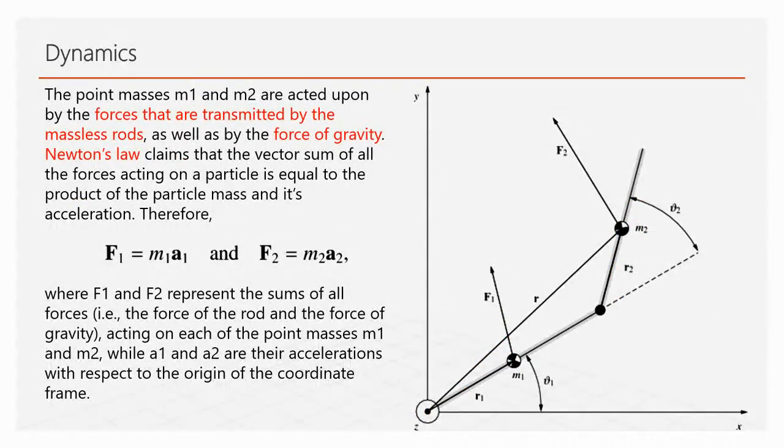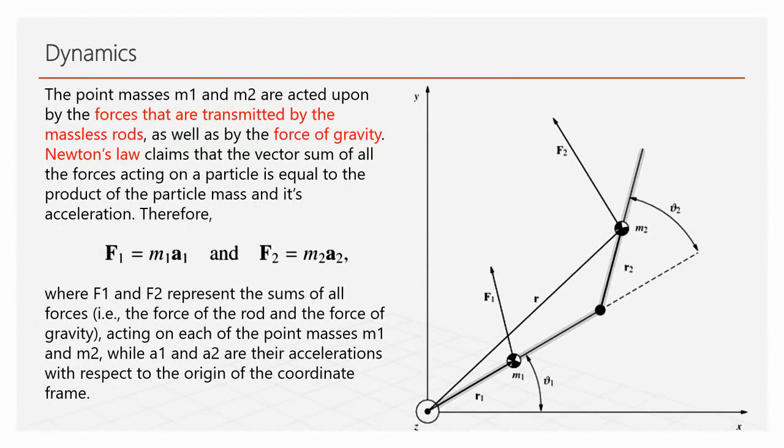Let's have a look at basic physics. The point masses m1 and m2 are acted upon by the forces that are transmitted by the massless rod, very obvious, as well as by the force of gravity. Yes, that's also a robot arm.